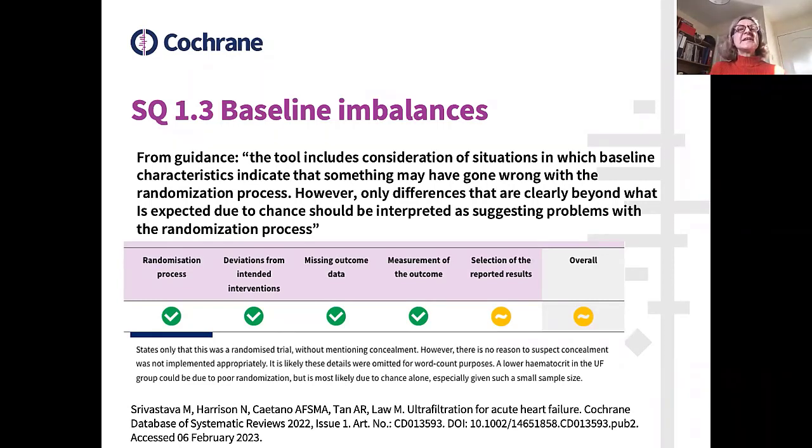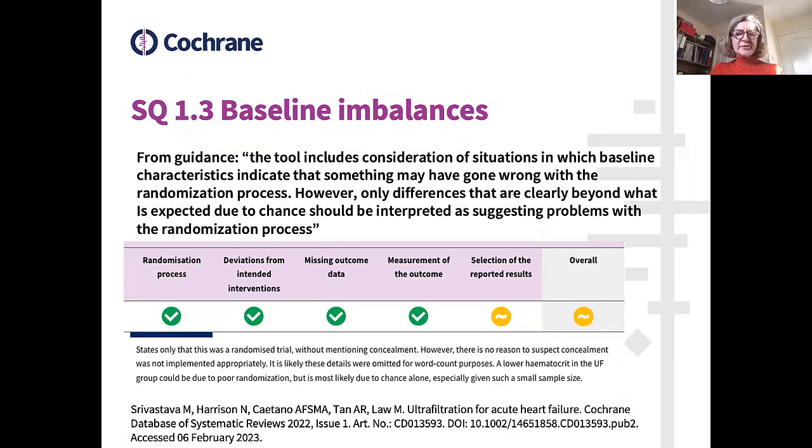But overall, does it look as if the randomization has worked, if that makes sense? So in this review, you can see that the authors have noted that one of the baseline characteristics is not perfectly balanced between the groups, but they conclude that that could easily have happened by chance because it's quite a small sample size. So the balance between baseline characteristics is not suggesting a problem with randomization.